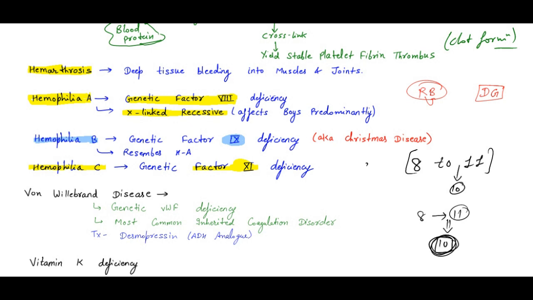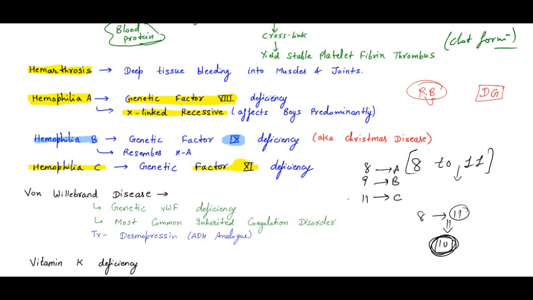So remember 8, 9, 11: 8 means hemophilia A, 9 means hemophilia B, 11 means hemophilia C. So 8, 9, 11, ABC.